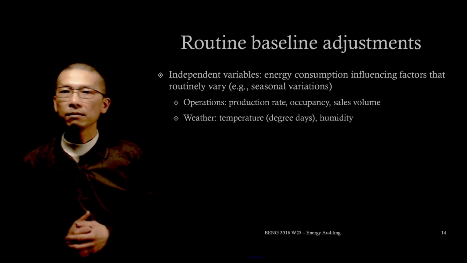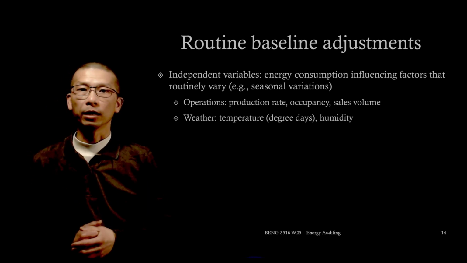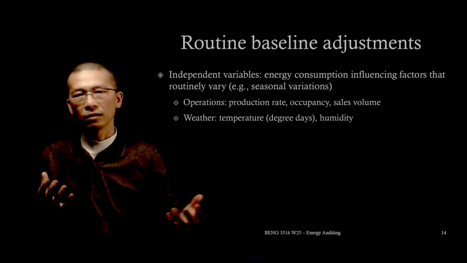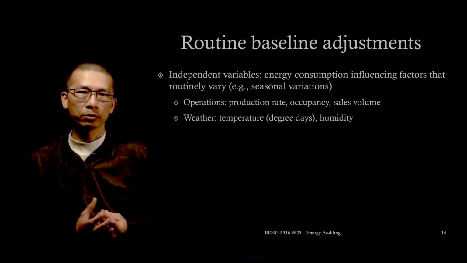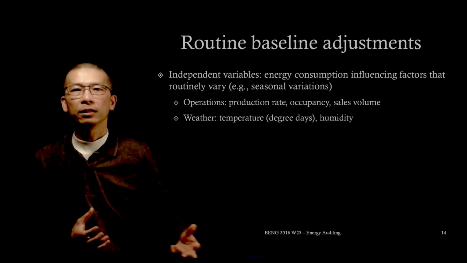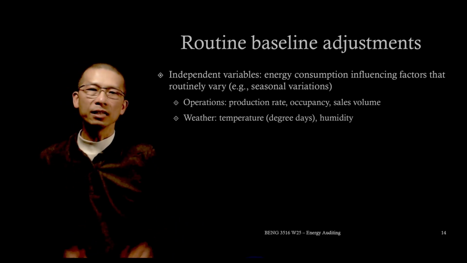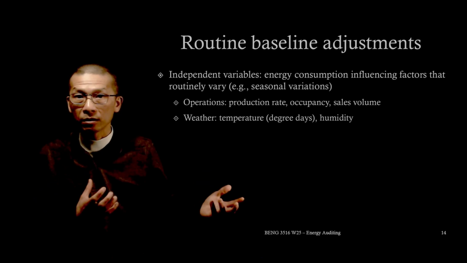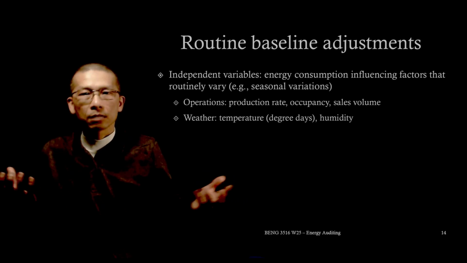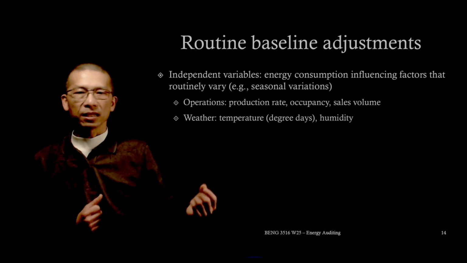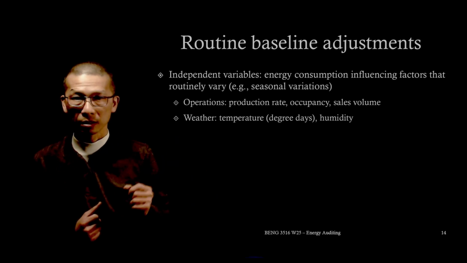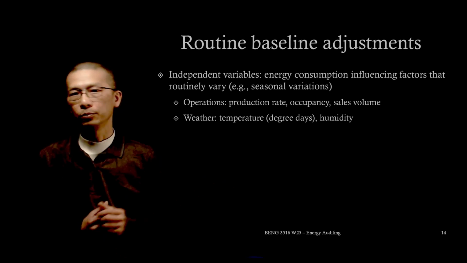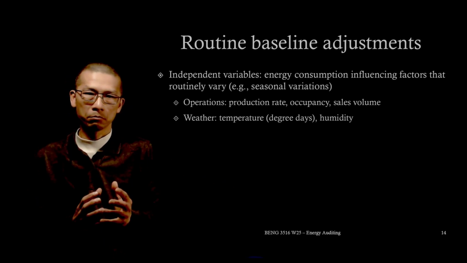So routine baseline adjustments, right, involve again normalizing energy consumption data to account for independent variables that routinely vary and influence energy use. These adjustments are essential for accurate measurement of savings. They ensure that the baseline, that's before the project, and the reporting period, that's after the project, are comparable.